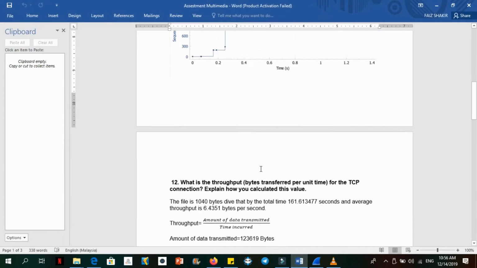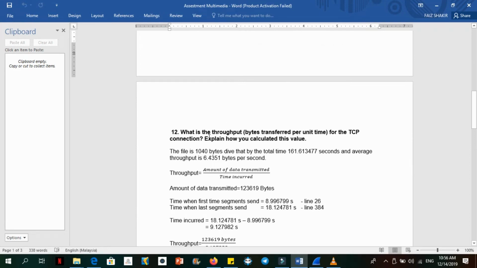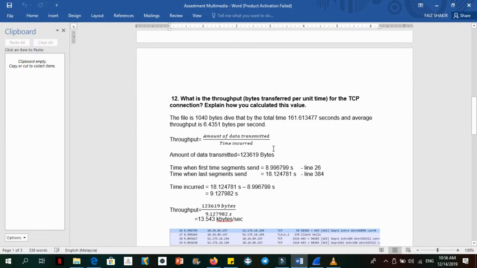For the next question, question number 12. What is the throughput (bytes transferred per unit time) for the TCP connection? Okay, from my calculation, throughput equals the amount of data transmitted over the time incurred, and I get 123619 bytes.